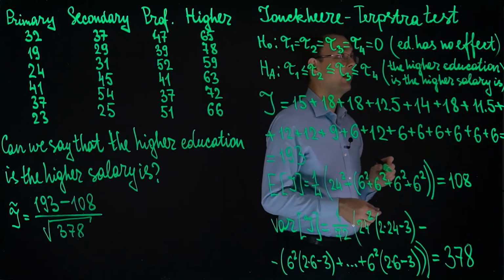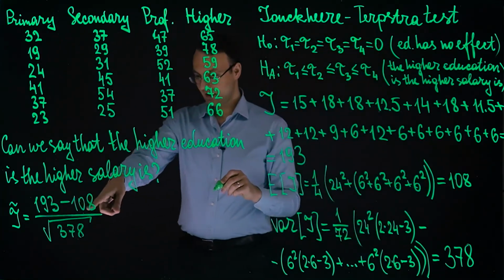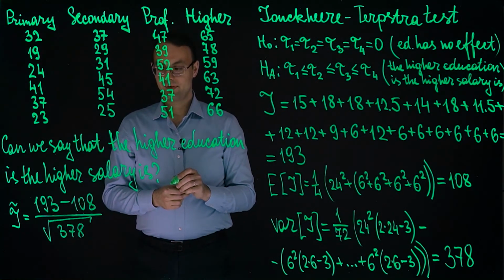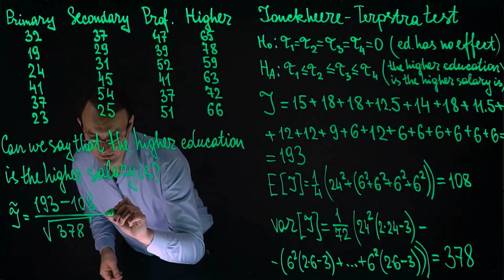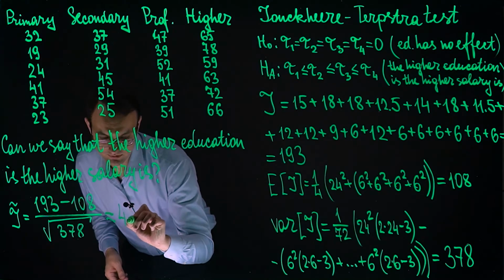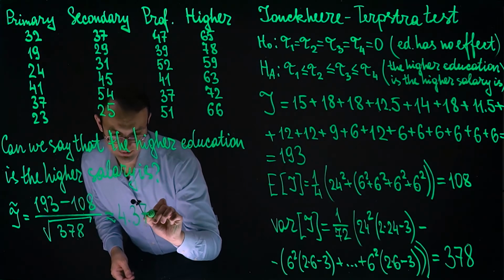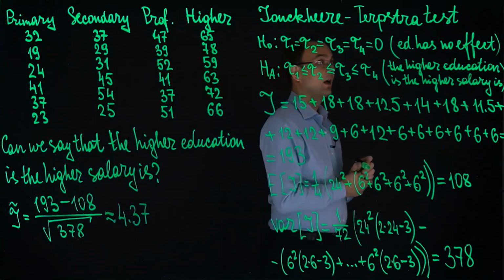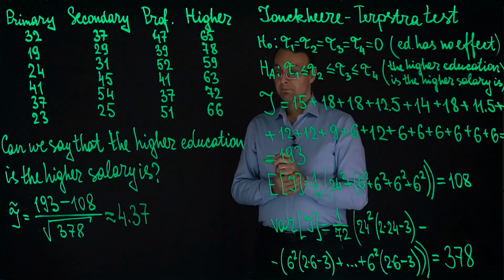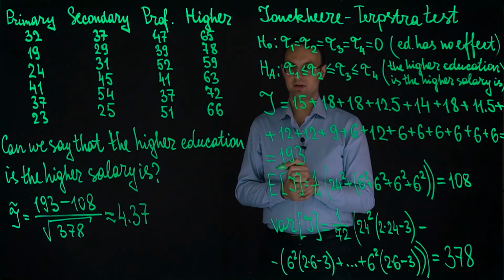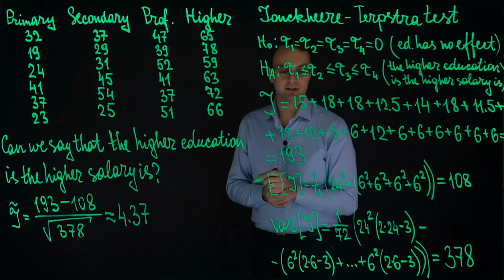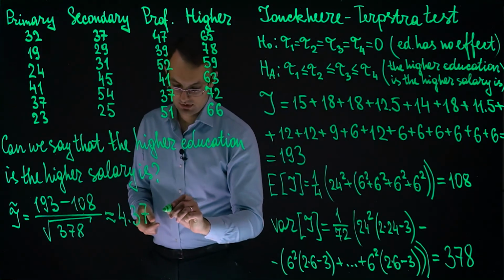So, and if we calculate this, the value of J tilde is 4.38 approximately. 37, I'm sorry. 4.37. So, and now what is left is to construct the acceptance and the critical region and to give the answer.